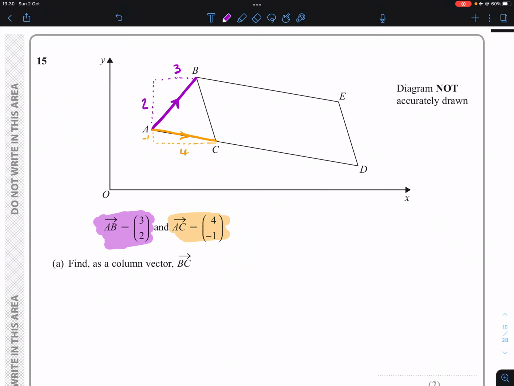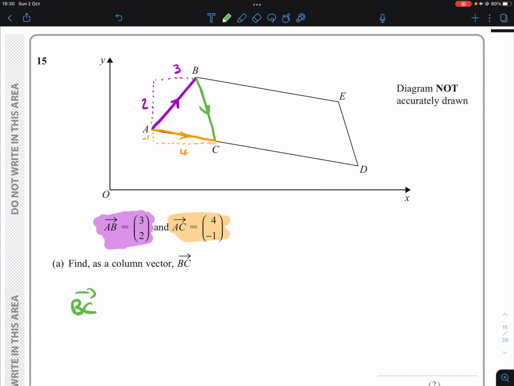Find as a column vector B to C. So we need to find the vector from B to C, like so. In this case we didn't need the stuff that I've drawn, but it does help to show that the answer makes sense.